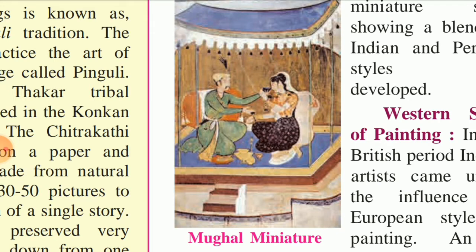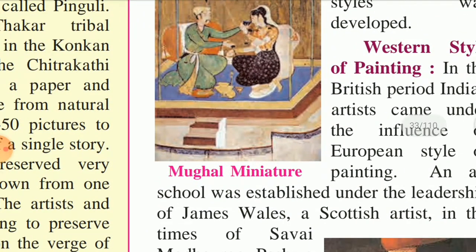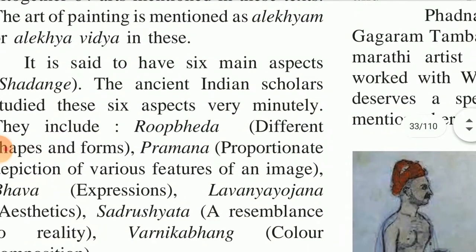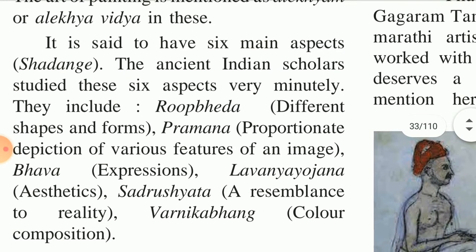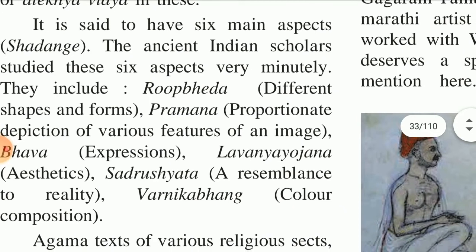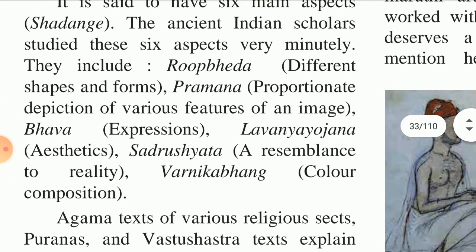So that's all, my dear students. In today's session we have studied the classical style of painting, then we have seen the 6 types of aspects, that is shadangas, and among them we have seen rupa bheda, pramana, bhava, lavanya yojana, sadrushata, a resemblance to reality, and varnika bhanga.